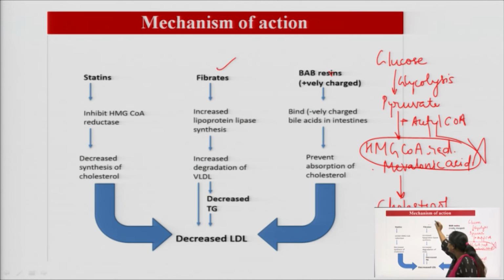Next is fibrates. How do fibrates work? Fibrates increase the lipoprotein lipase synthesis in the body and finally, they increase the degradation of VLDL. Degradation of VLDL means VLDL is divided into smaller parts, so that it can be eliminated from our body easily.